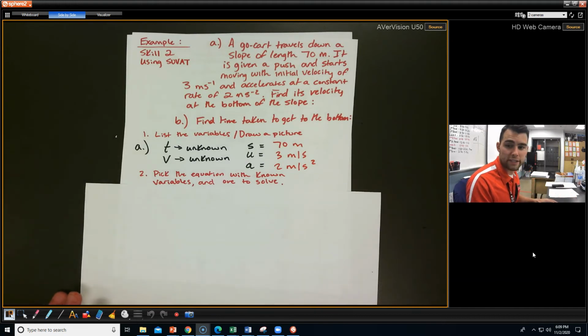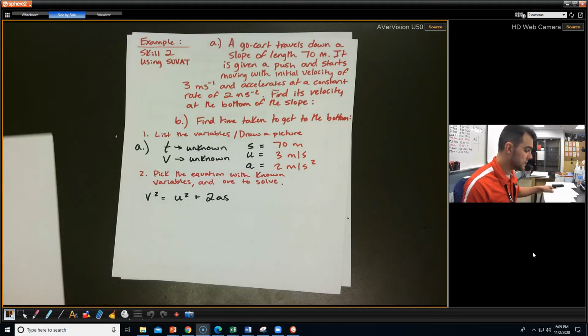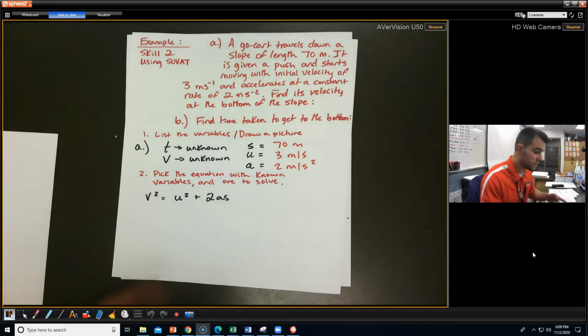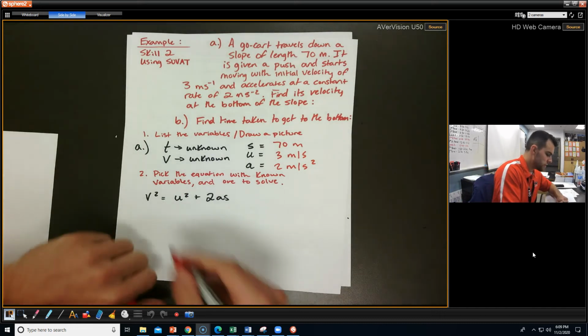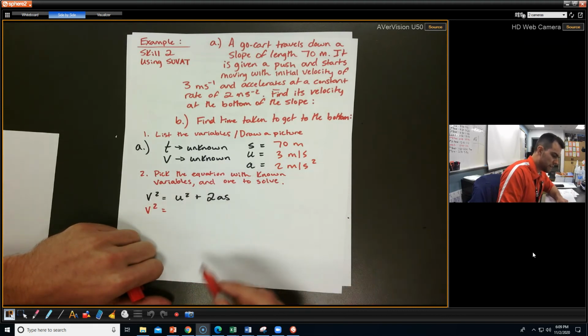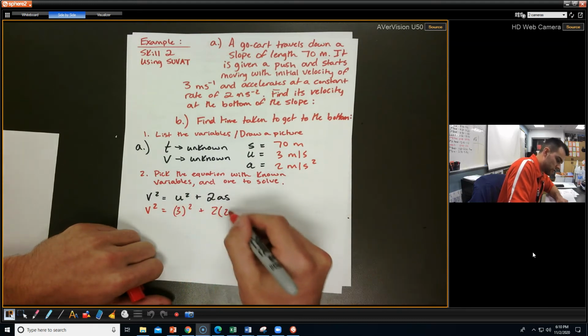If you're looking at this, maybe you determine it would be this guy right here. And you'd be right. v squared equals u squared plus 2as. We can plug a bunch of stuff in and solve for v. So let's actually do that. Well, our v squared equals our 3 squared plus 2 times our 2 times 70.